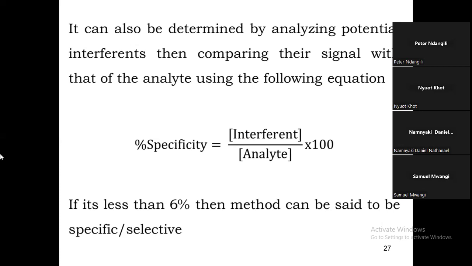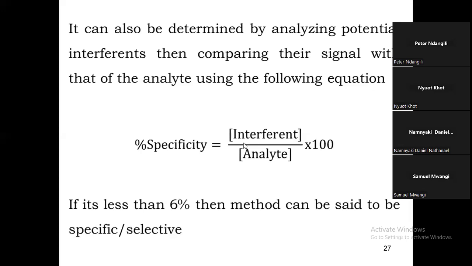So the question is, what is the concentration of the interferent, or the concentration of the interference substance, compared with the concentration of your target analyte? So you have the concentration of your interference divided by the concentration of your analyte multiplied by 100.